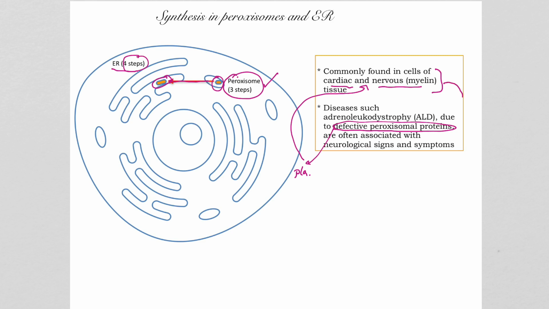And that impaired structure and function of the cell is going to lead to signs and symptoms of the disease. An example is the disease adrenoleukodystrophy, ALD, which is due to defective peroxisomal proteins that then leads to various neurological signs and symptoms.